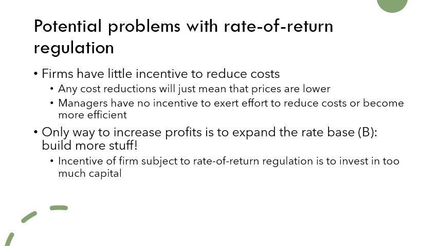Because when they go to these rate cases and show their books, if their costs are high, they can charge higher prices. If they reduce their costs and their costs are lower, they charge lower prices. The only way to increase profits is to expand the rate base, B, in other words, build more stuff. So they have an incentive to invest in too much capital in order to increase the retail prices.